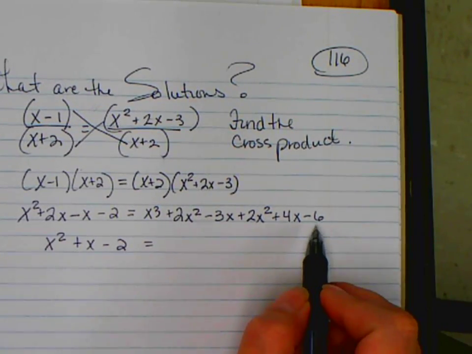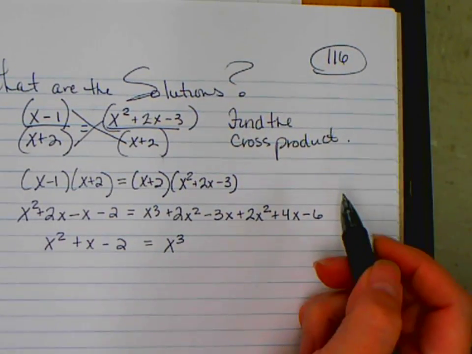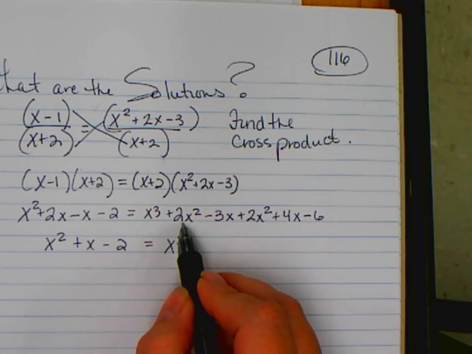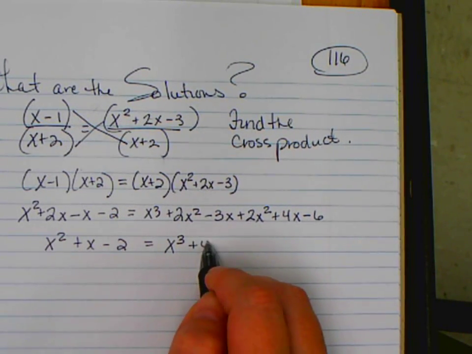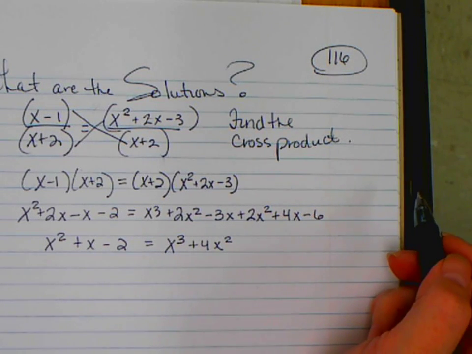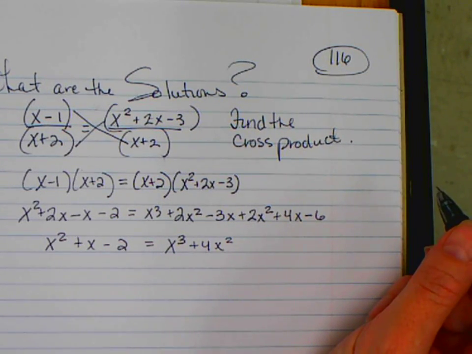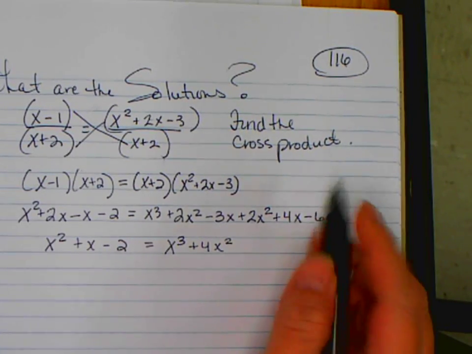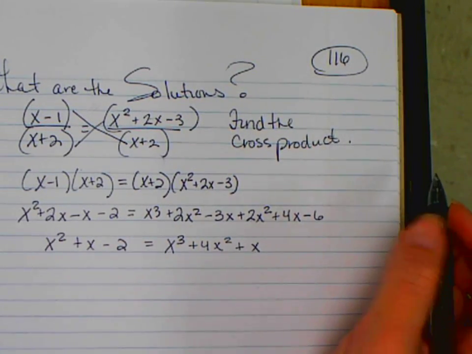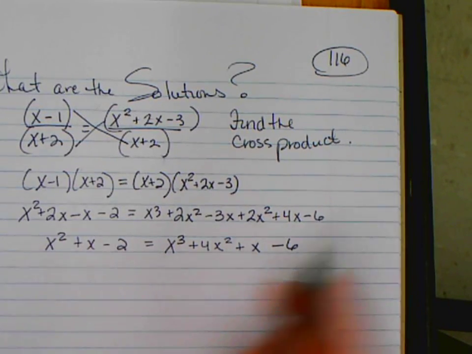So simplified, I have x cubed. 2x squared plus 2x squared is plus 4x squared. Negative 3x and plus 4x is plus x. And then minus 6.